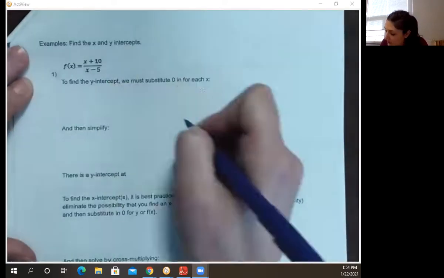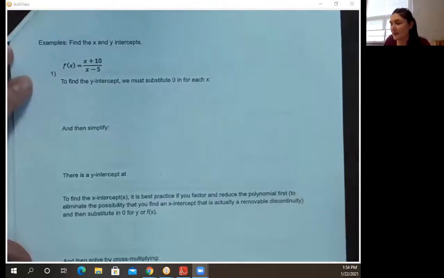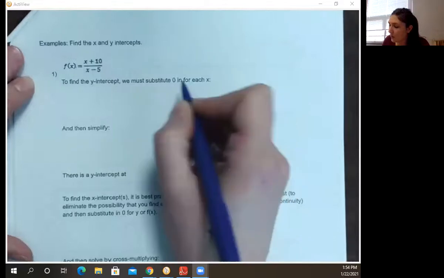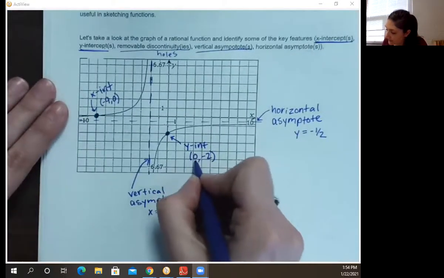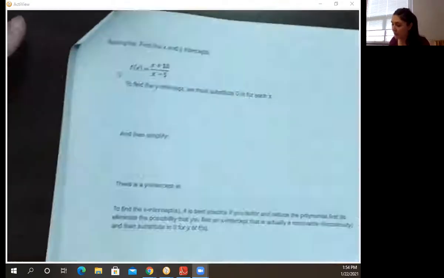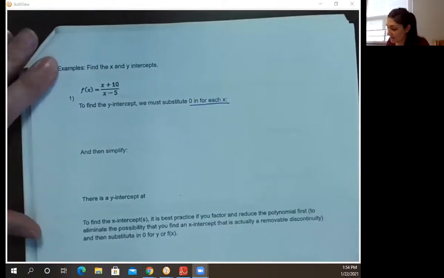So I'm going to start by finding the y-intercept. This is probably the easier of the two. So remember, the y-intercept happens when x is 0. So if I go back to my graph here, the y-intercept happens when our x value is 0. So to find a y-intercept, we're going to substitute in 0 for x anywhere I see it in my function.